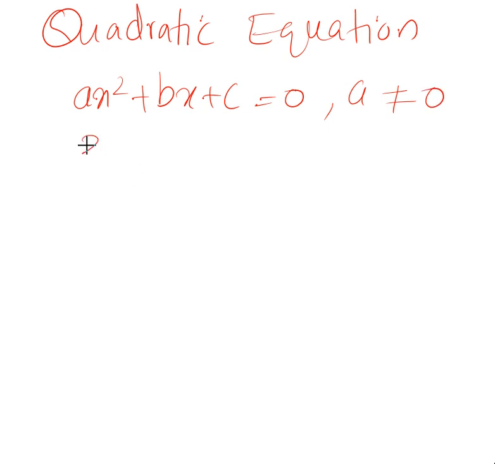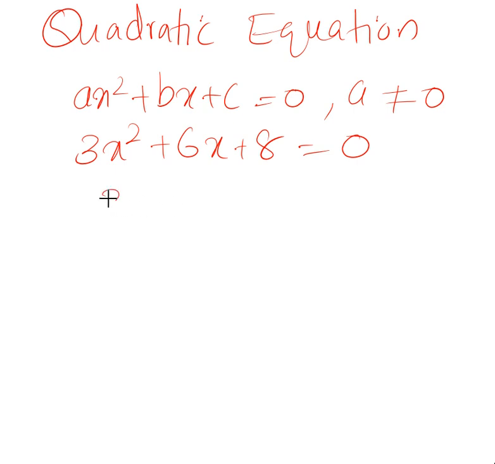For example, 3x² + 6x + 8 = 0. Here a is equal to 3, b is equal to 6, and c is equal to 8. Okay, then this is in standard form.